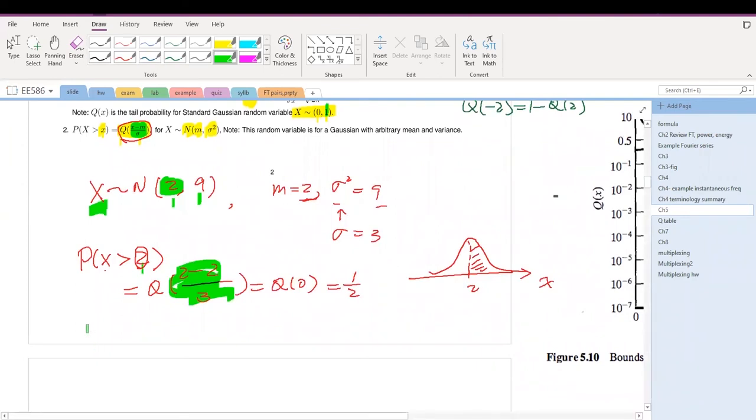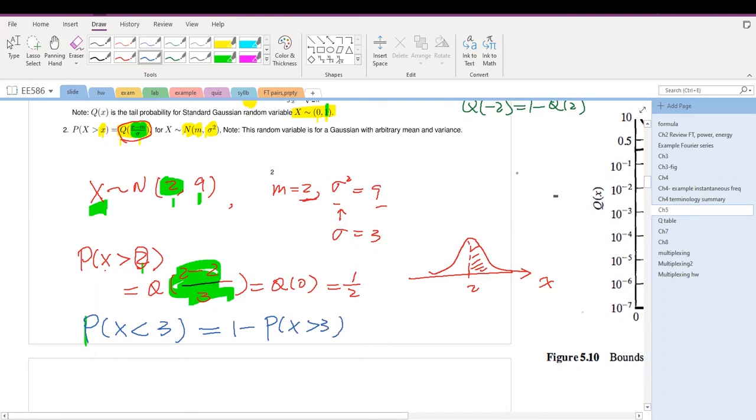Let's look at another example here. What about the probability of X less than 3? We know that the probability of X less than 3 equals 1 minus the probability of X greater than 3.